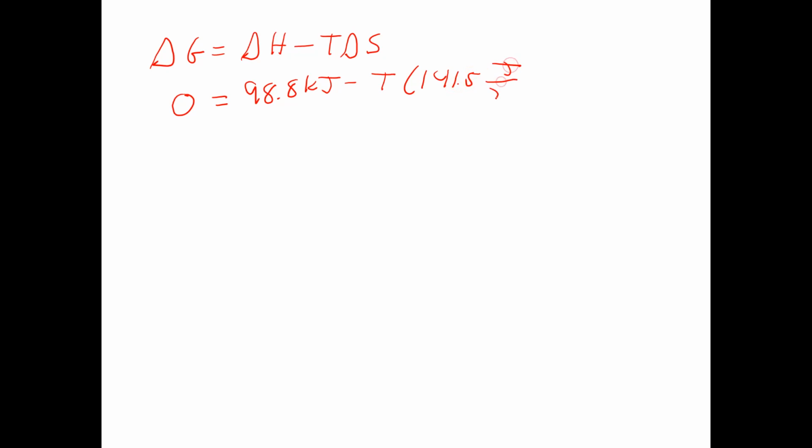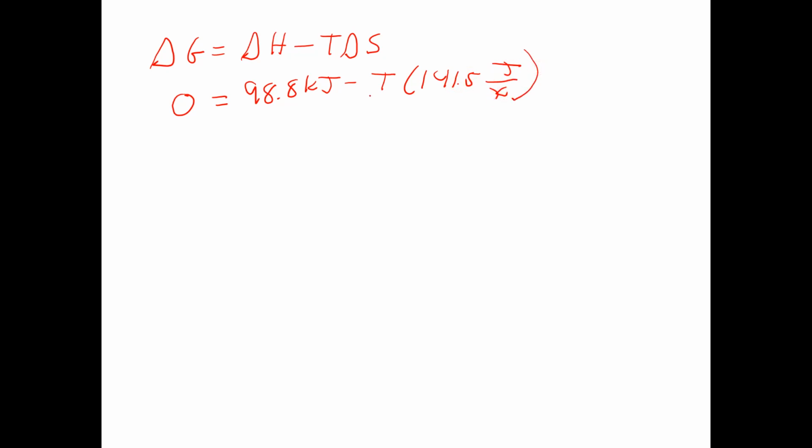We have delta G is equal to delta H minus T delta S. And we're going to calculate the temperature at which delta G equals 0. So we have 98.8 kilojoules minus T times 141.5 joules per Kelvin.